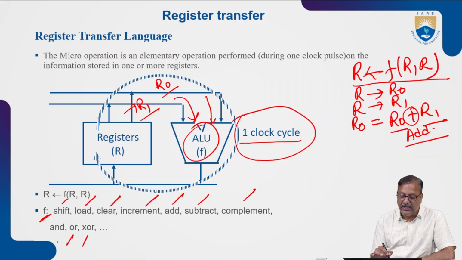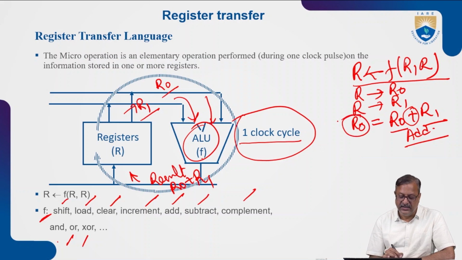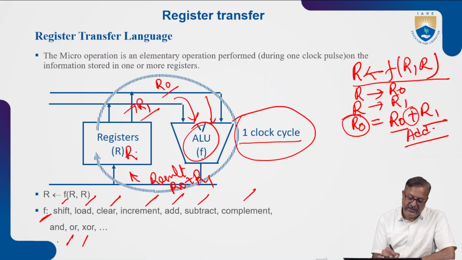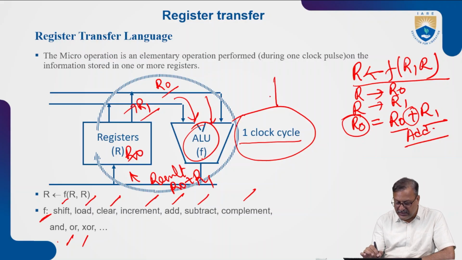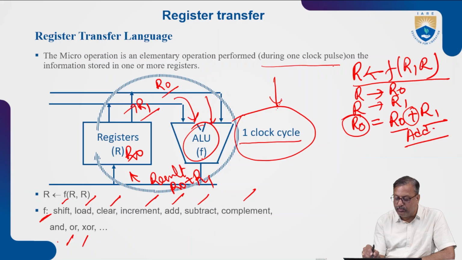After performing it, the result of R0 plus R1 we have to store back in the registers. Which register? We are storing back in R0 again. So that value will be affected, and the resultant value will be stored in the R0 register. All these operations have to be completed in one clock cycle. That's what is defined here: the micro operation is an elementary operation performed during one clock pulse.